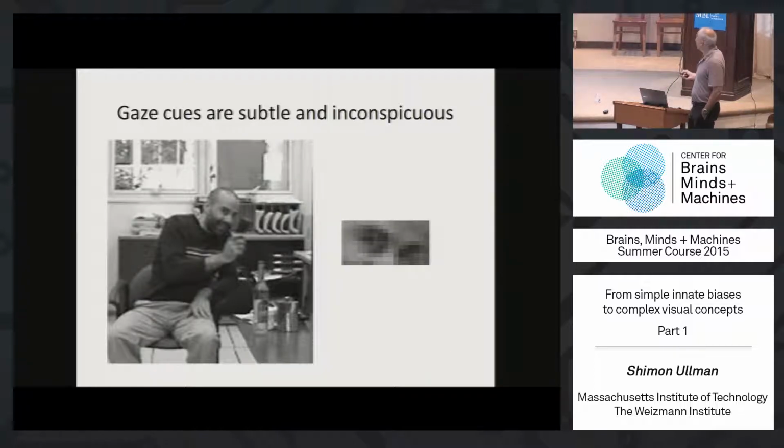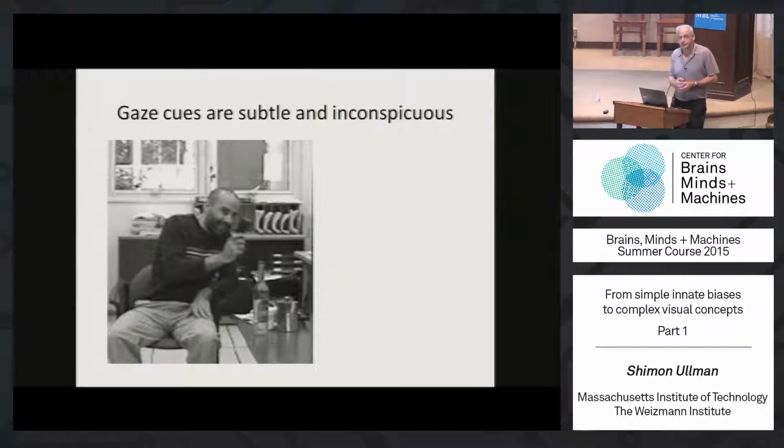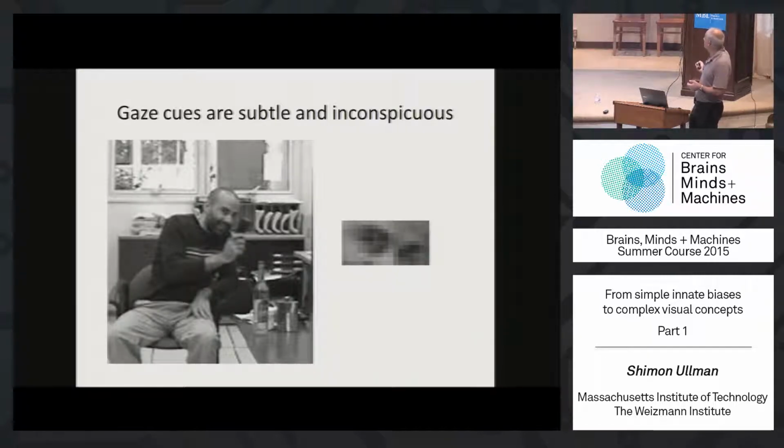Let me hide this for a minute. This person, it's a bad image, it's blurred, especially for those who sit in the back, but is he looking roughly at you, or is he looking at the objects down there? Sorry? Yeah, basically at you, right? Now, these are the eyes.